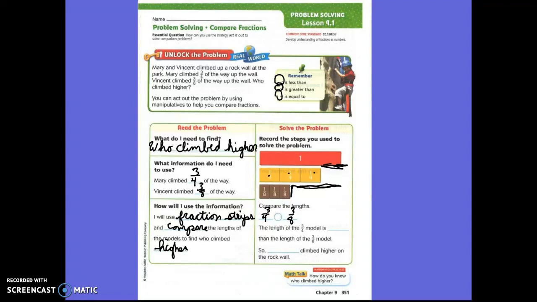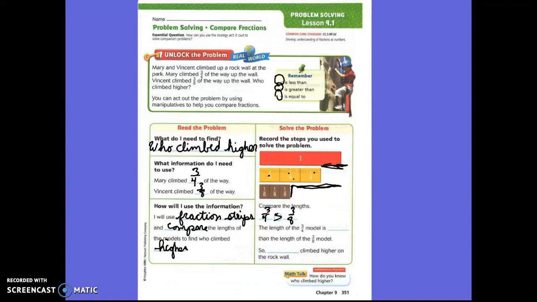Aubrey? Greater than. So you eat the bigger fraction. I want you to know, even though 3/4 has smaller numbers than 3/8, it's still bigger, okay? Because the fraction strips show you.